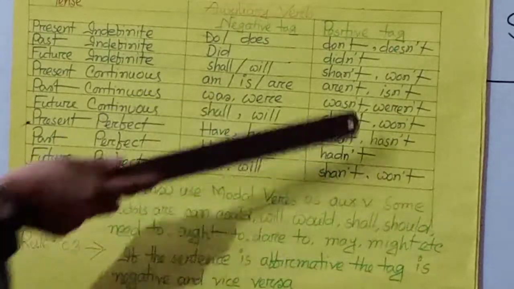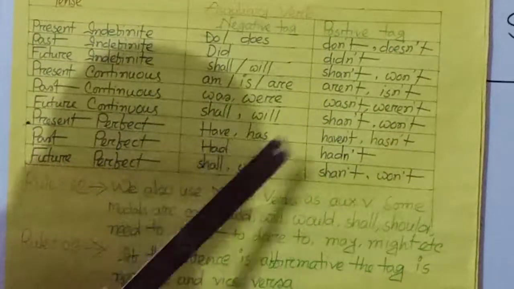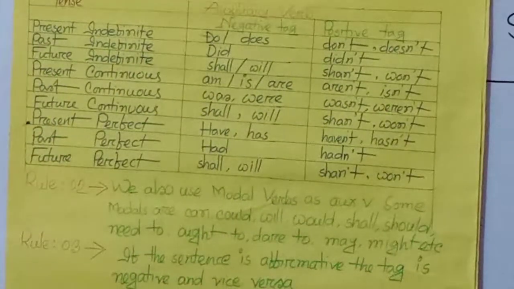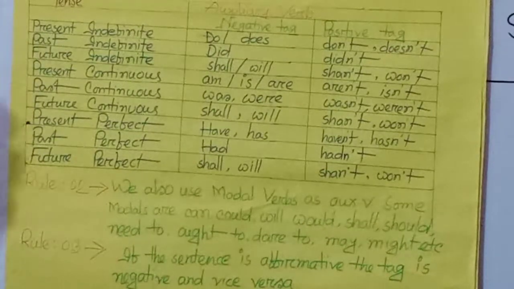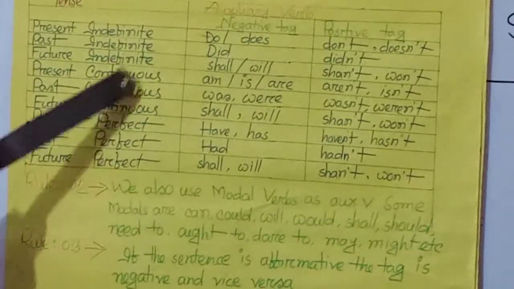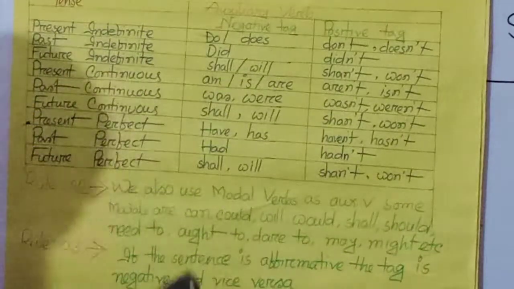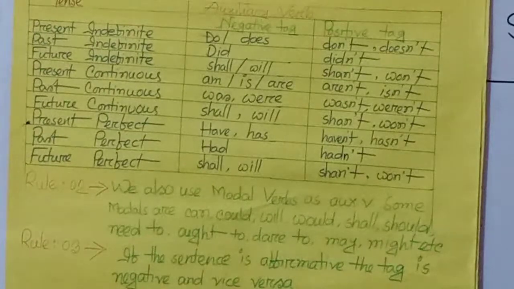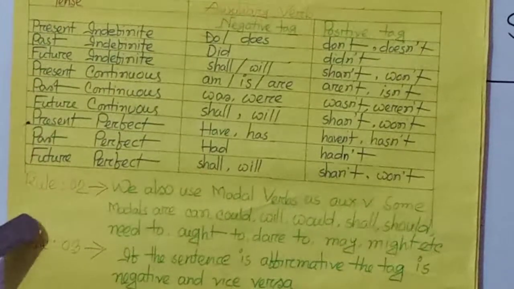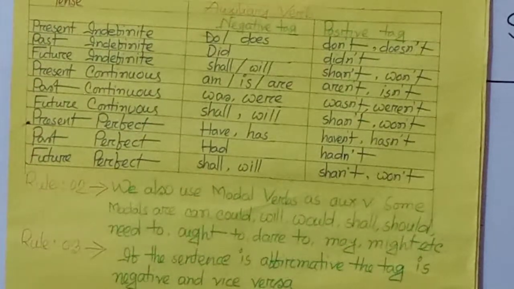Then we choose what auxiliary verb we use in different tenses. Okay, dear students, this is very important to memorize. Then comes rule number 2.